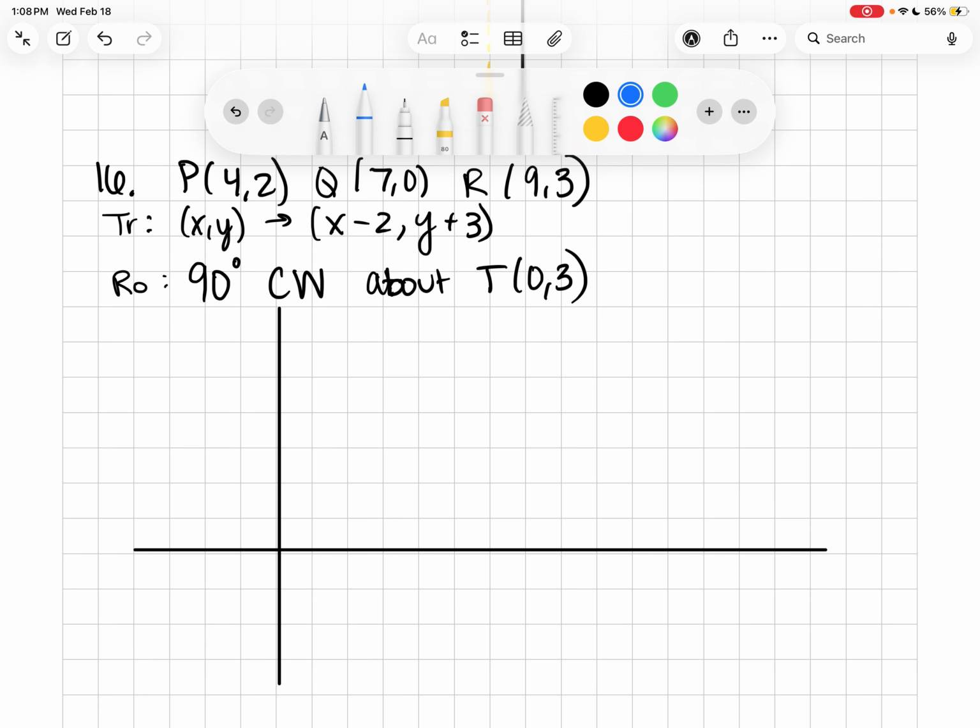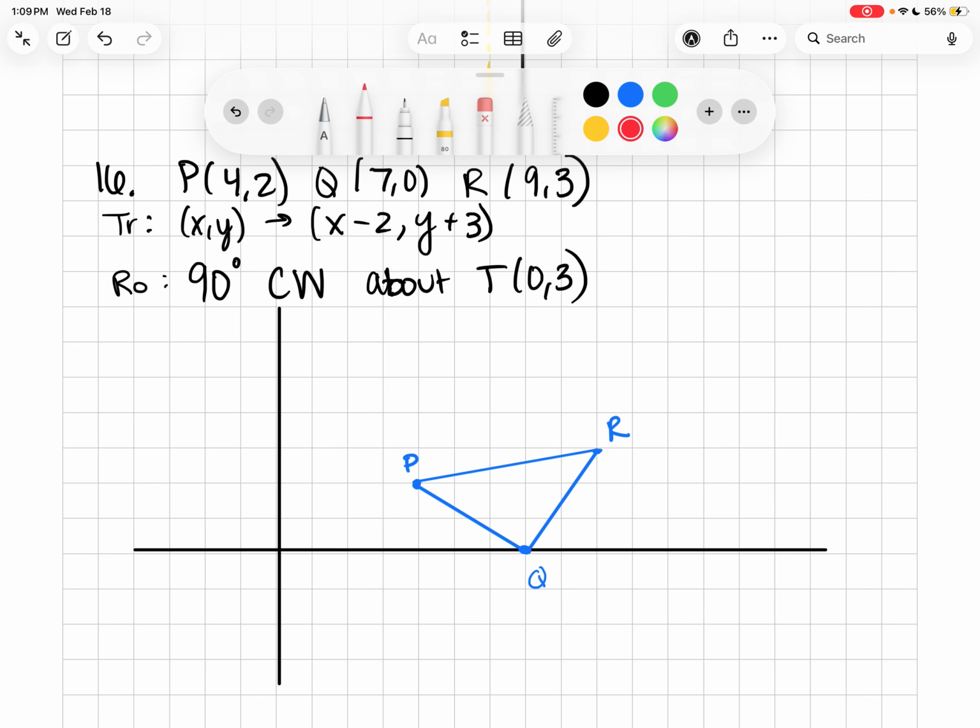The point 4, 2 is P. Q is 7, 0. And then R is 9, 3. Then obviously at that point we need to connect them for our triangle.